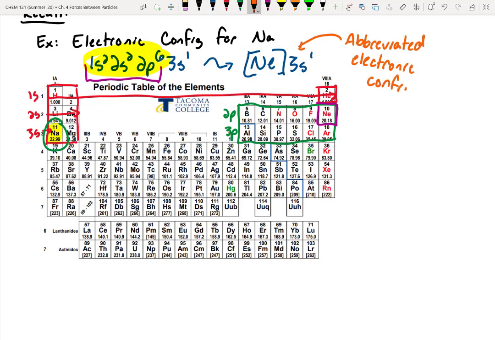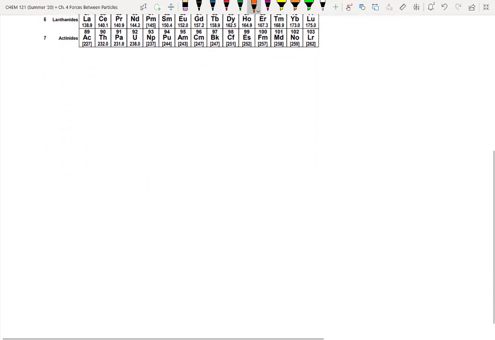And it's a lot easier to write it out this way. Like I said, just work your way backwards till you find the nearest noble gas, and then add on your remaining orbitals from there. All right, so that's one thing I wanted to review.